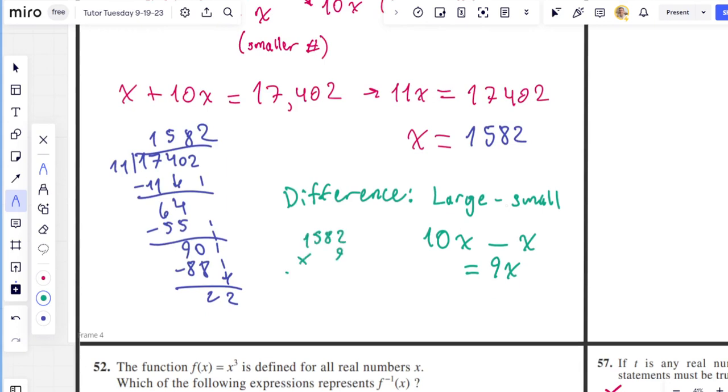And if we take 1582 times 9, love doing some math by hand. We're going to get 8 here, and that's a 3, carry the 7 to get 45 plus 7 is 52, carry the 5.